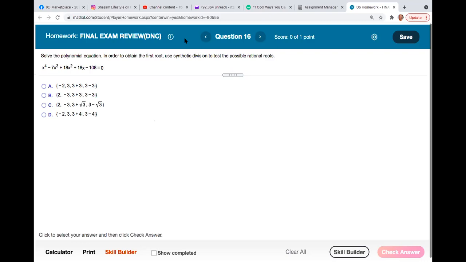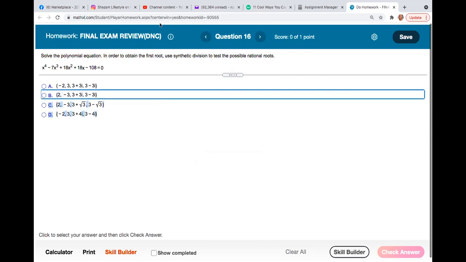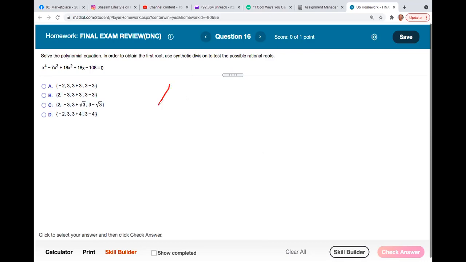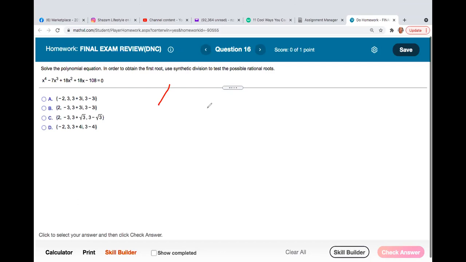Does it show on your screen? That's why I said what I said, because it wasn't showing up on my screen. Let me try this again. Hold on a second. Okay, but it's still not showing up on your screen. I don't know what's going on with this iPad. I'm on the iPad again, okay? So let me go ahead and do it over here on the screen.